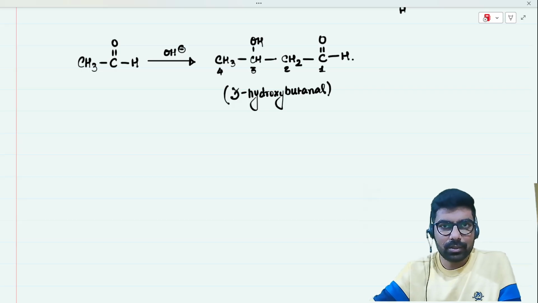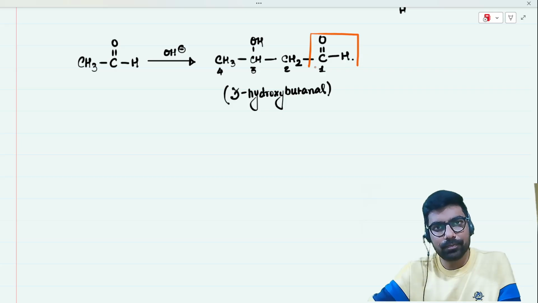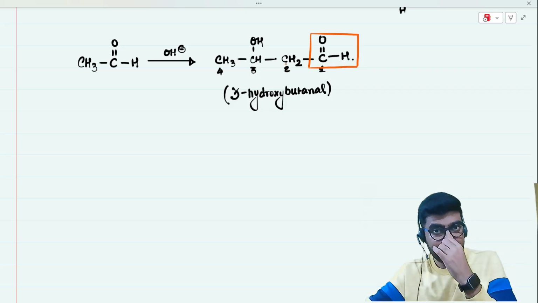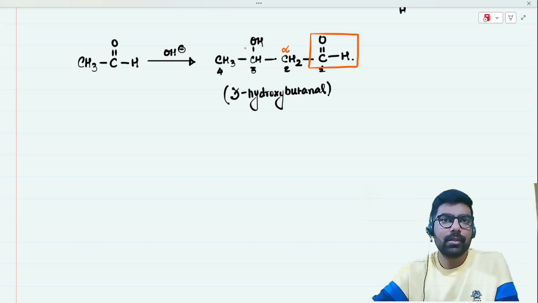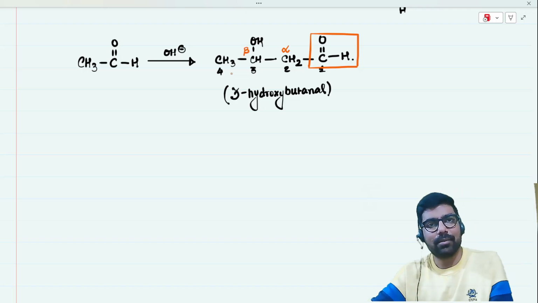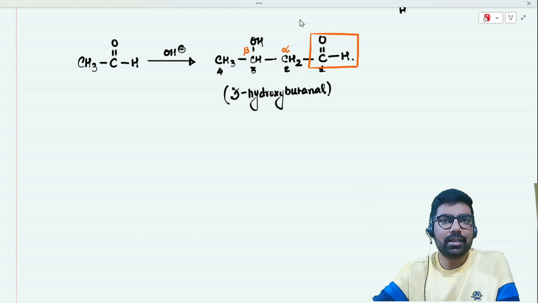Okay. Now see, this is my main functional group, that is my aldehyde group. Right. This is my alpha carbon, and this one is my beta carbon. In the beta, there is an OH.